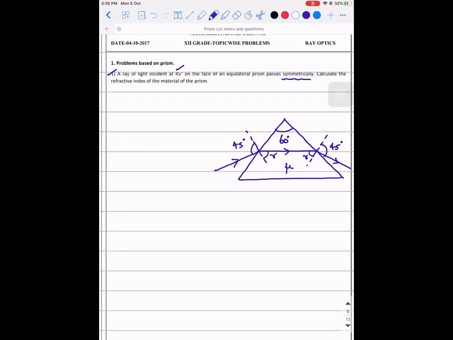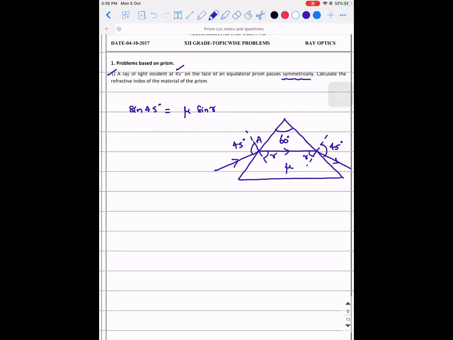Right? So at the first point of incidence, if you apply Snell's law, then you will get 1 into sine 45 degrees is equal to mu into sine R. Right? So observe, sine 45 degrees is equal to mu into sine of, what is the value of R? A by 2.